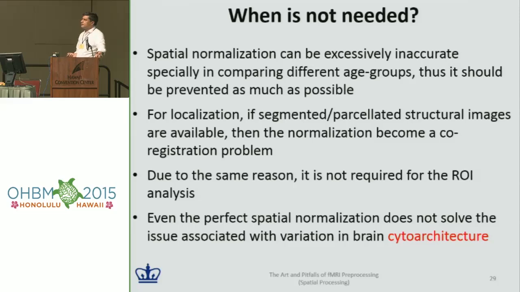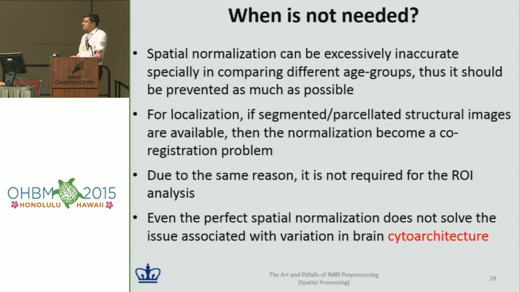So when is it not needed? Spatial normalization can be excessively inaccurate. I'll show you a slide of how inaccurate it can get, especially when you're comparing age-related groups, like young and old subjects, or male and female. For localization, if the segmented or parcellation structural image is available, then normalization becomes a co-registration problem.